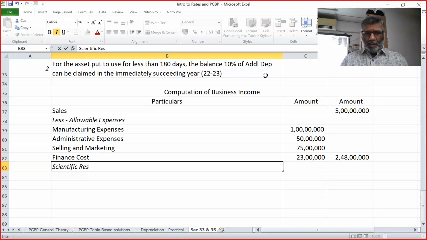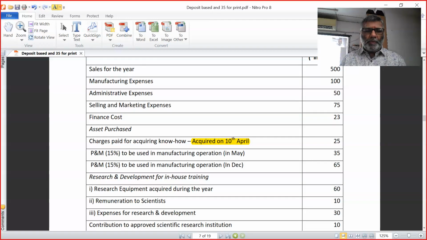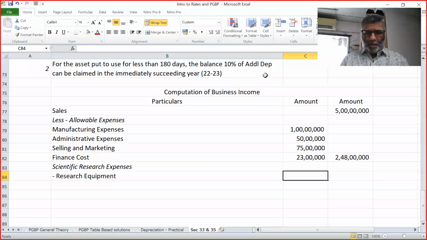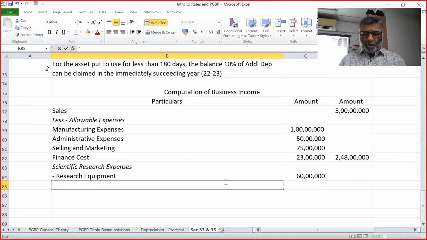Scientific research expenses: research equipment 60 lakhs, remuneration to scientists 10 lakhs.